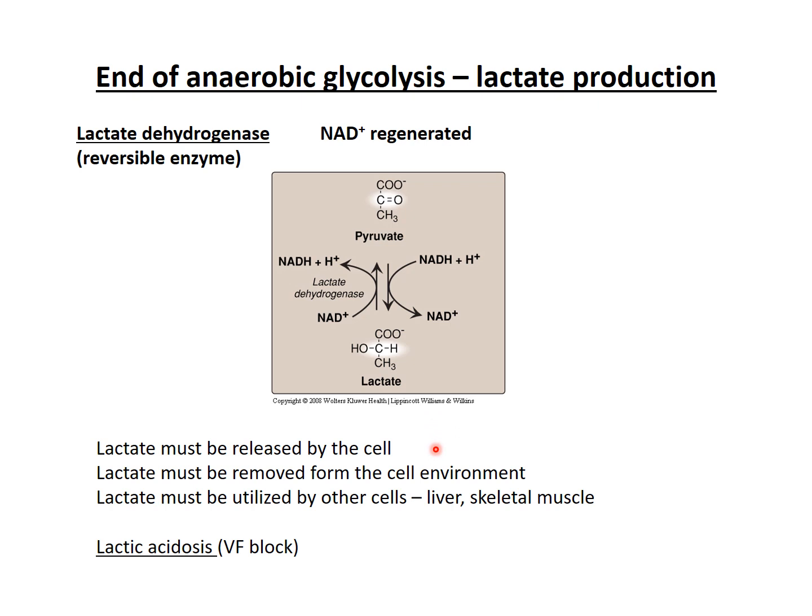So it must be removed quickly and must be processed. So there are other cells like liver or skeletal muscle that under certain conditions can actually take back lactate and utilize it for further energy generation, reversing this enzyme, putting it back to pyruvate, and then pyruvate can go to the mitochondria and produce more energy.